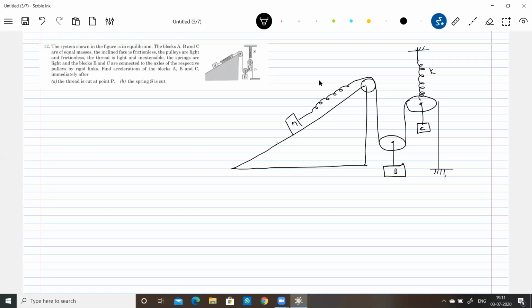Okay, it's not giving anything, so something further we have to work out here. So these are the pulleys. Let me show the pulleys.